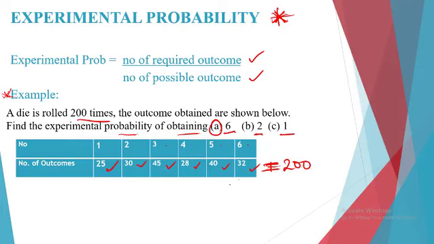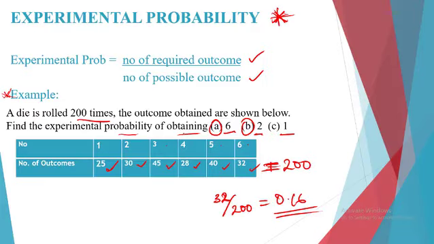So the number of required outcomes for obtaining 6 is 32. So we have 32 divided by 200. That's the number we use in obtaining the number of times 6 appeared. So we divide 32 by 200. What do we have? We have 0.16.